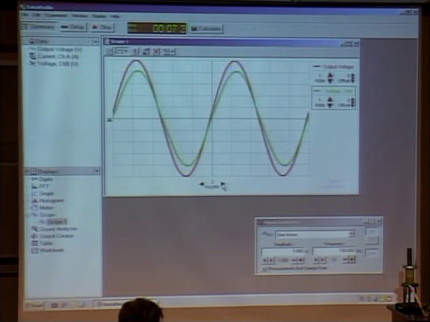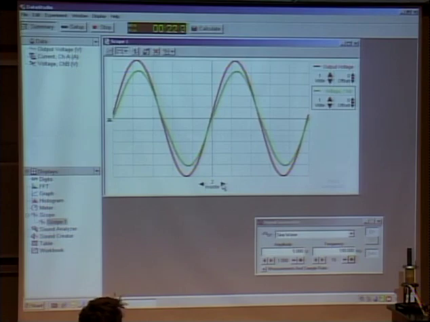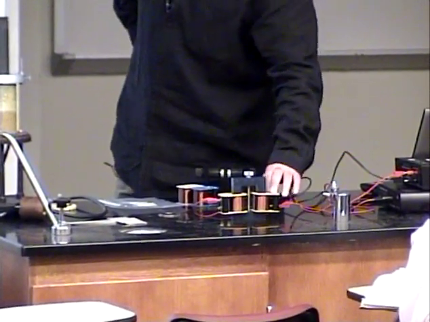Well, what do you see here? So the input is 5 volts. The peak value of the potential difference connected to this coil is 5 volts.